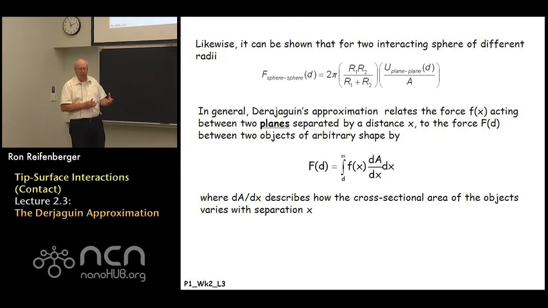So if you want to know the force between two objects, one object could be of arbitrary shape, the other object could be a flat plane, for instance. That's f of d, that's the result on the left. It's just related to the interaction force between two planes, f of x, multiplied by how the area of the objects varies as a function of x integrated over all x. You can actually calculate the interaction force in a very straightforward way.